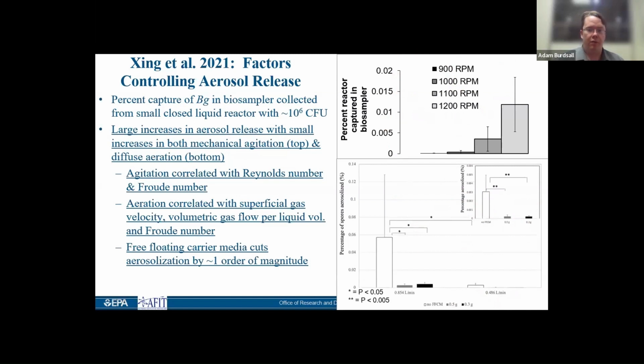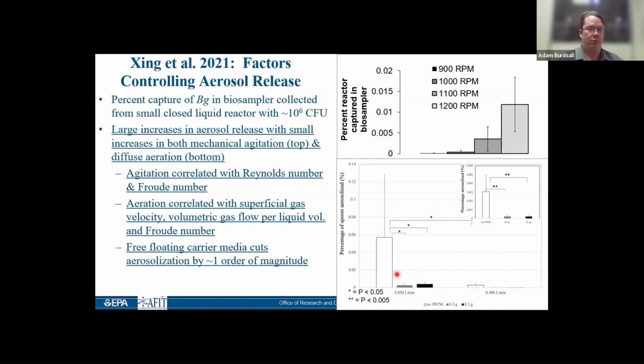In general, we found that bioaerosol capture from mechanical agitation using a stirring bar correlated very well with some of the more physical properties of moving water, like Reynolds number or Froude number. Bioaerosol capture from diffuse aeration correlated better with things pertaining to the air moving through the water column, like the superficial gas velocity or the volume of gas flow per liquid volume.